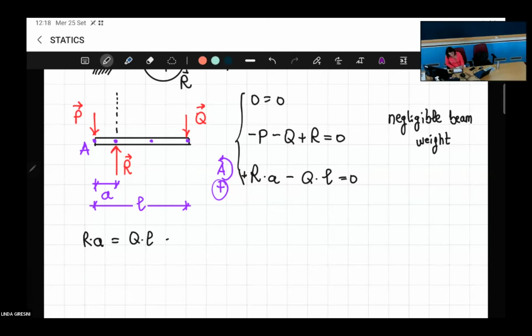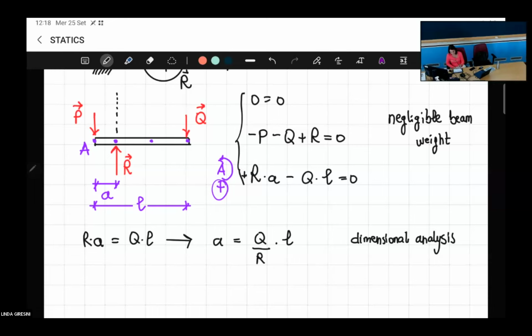And from it, we know that A is equal to, it's better to combine together forces and keep separate geometrical terms. So Q divided by R times L. You always have to check if the dimensional analysis is satisfied. It means that the units are correct.